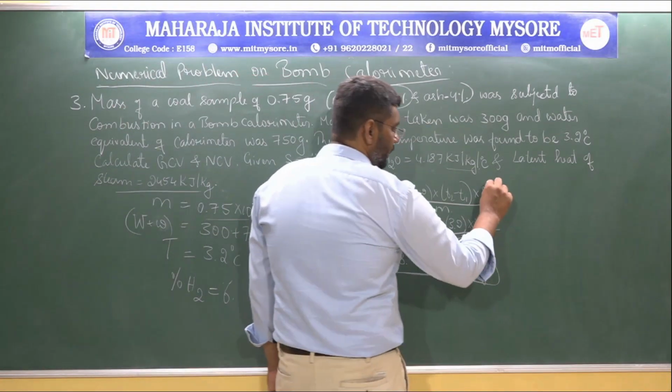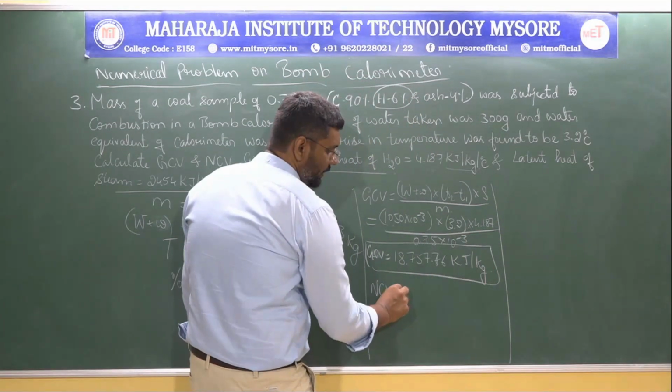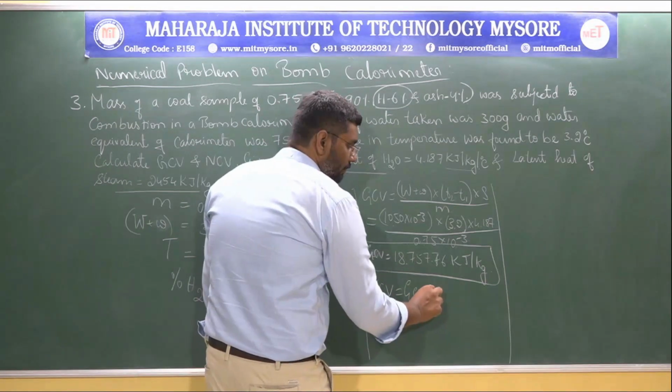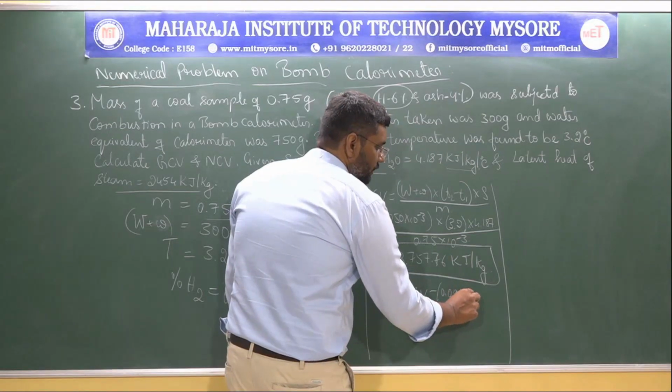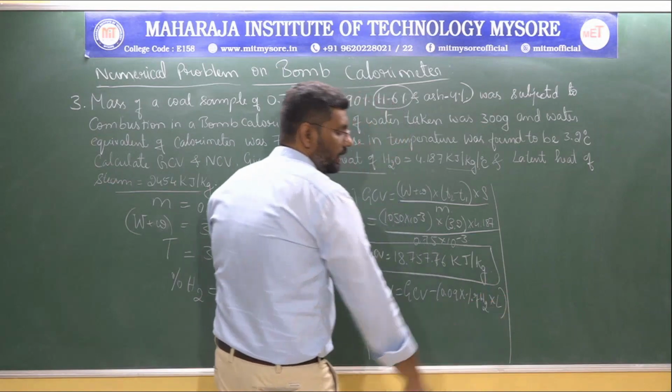Next we need to calculate NCV. What is the formula to calculate NCV? NCV is nothing but GCV minus 0.09 into percentage of hydrogen into latent heat of steam.